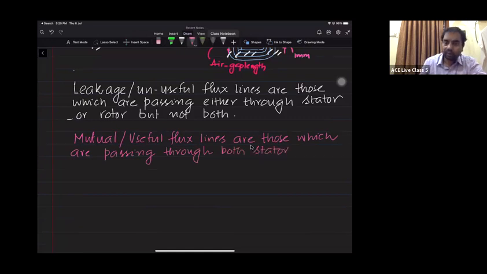Sometimes some textbooks use the terminology links or passes through both stator core and rotor core. Mutual or useful flux lines are those which pass through both stator and rotor core, right?